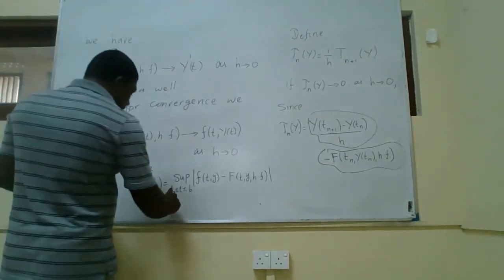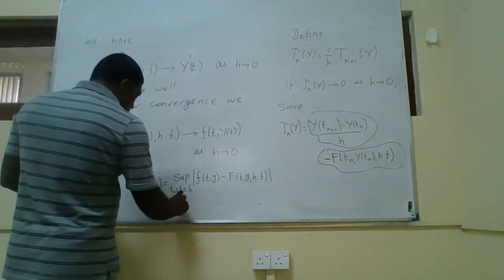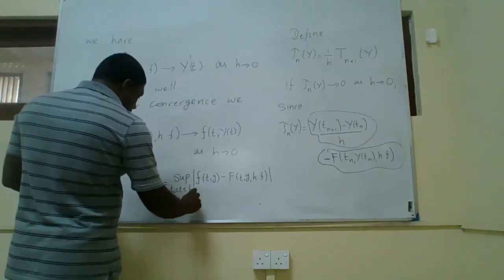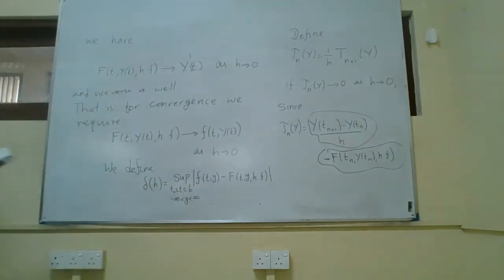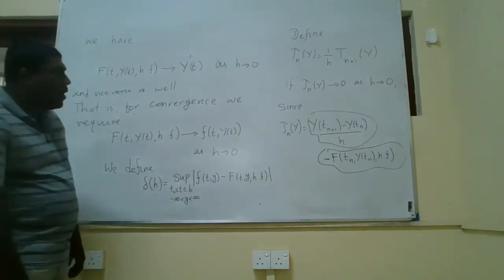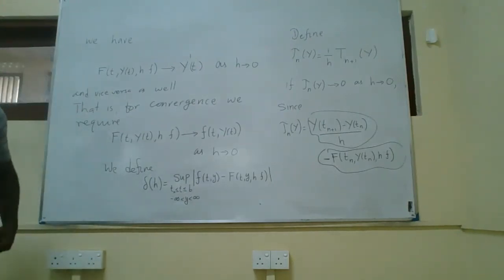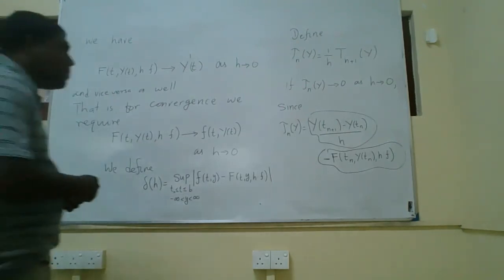So you define delta H as the supremum of the absolute value of the difference between small f and capital F, right, for the computed value.